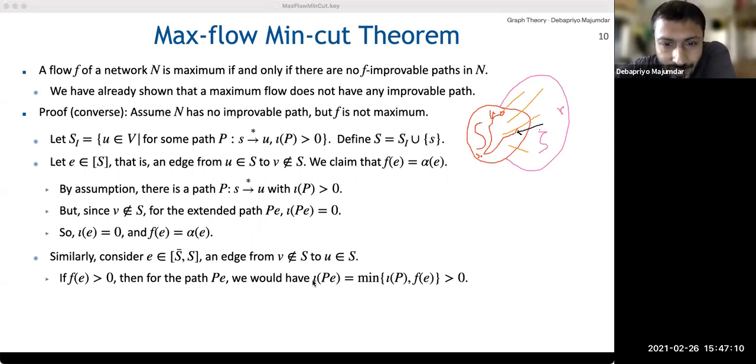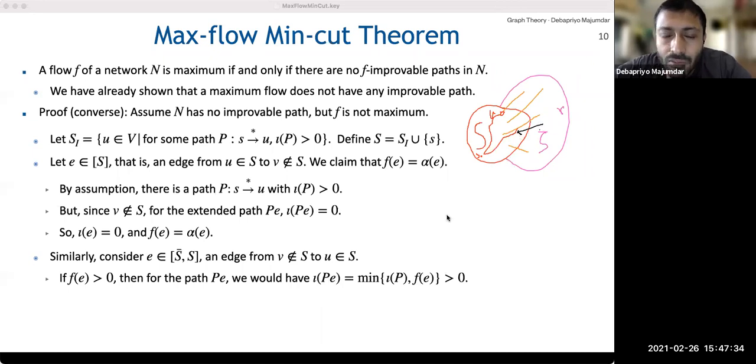So if iota of PE is positive, then it would be the minimum of this portion of the path and Fe, because against the path, my iota is just that much.